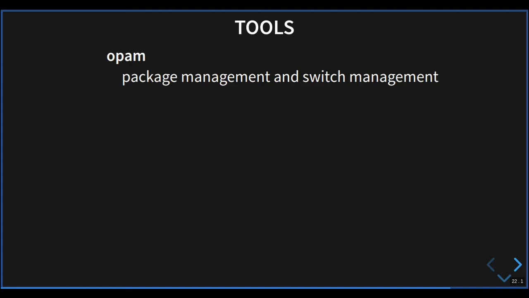It is similar to Python's pip and Ruby's gems, and a switch is somewhat similar to Python's virtual environments, which is a separate OCaml environment with separate packages installed, and you can also have a separate OCaml compiler in it. So you can have multiple switches and each of them can have its own version of the compiler, which could be quite helpful.